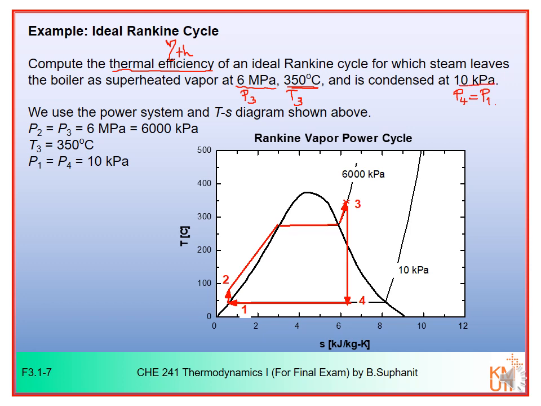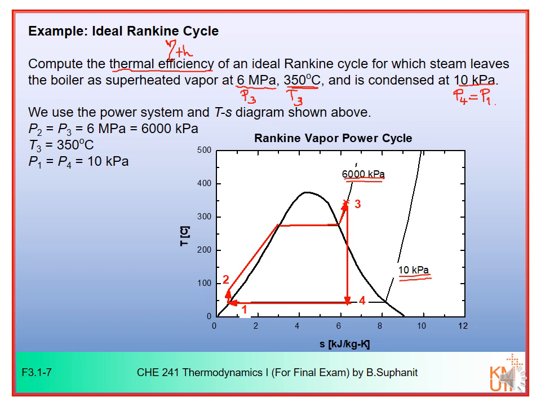Okay, so if we draw the Rankine cycle on the TS diagram, you have the shape of the cycle on this red cycle here. Okay, 1, 2, 3, and 4. Okay, it operates between two pressure values, 6,000 kilopascal or 6 megapascal and 10 kilopascal.